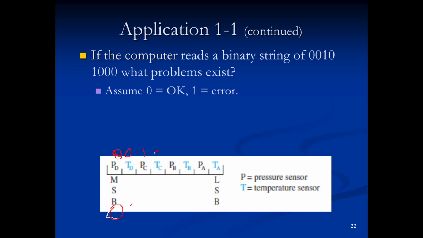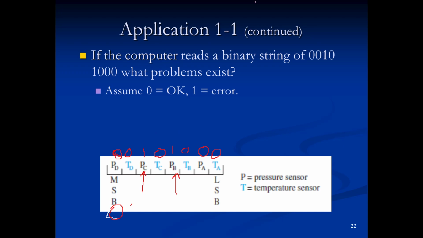There's a 1 here, a 0 here, 1, 0, 0, 0. So there's our number matched up to the various pressure and temperature. Basically, each of these bits is mapped to a particular tank and a particular sensor on that tank. We know that ones mean an error, so we're really just concerned about this here and this here.